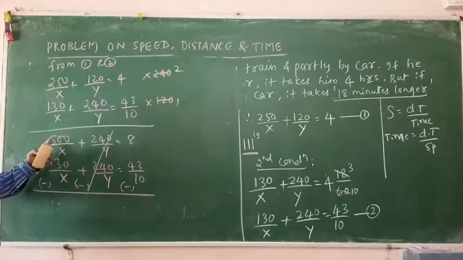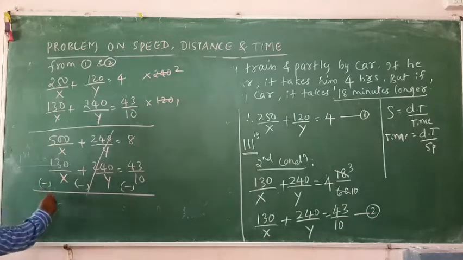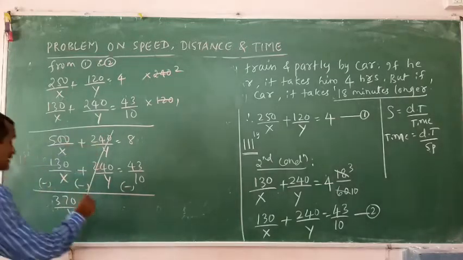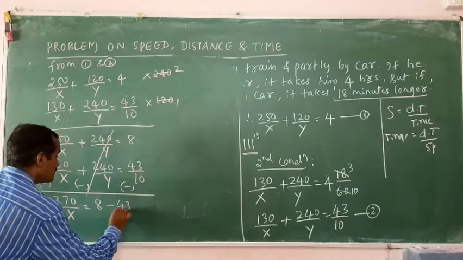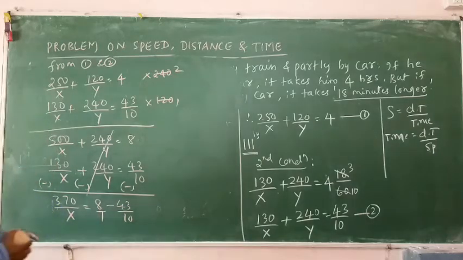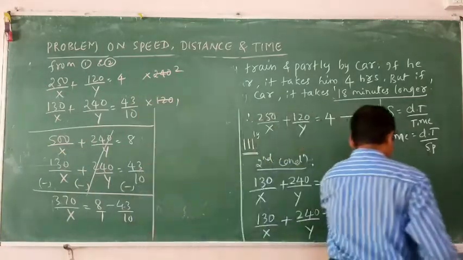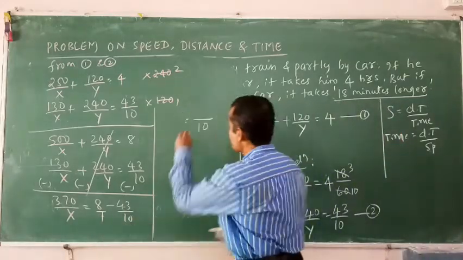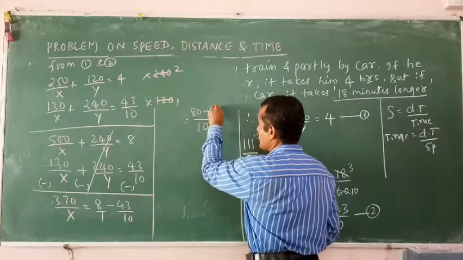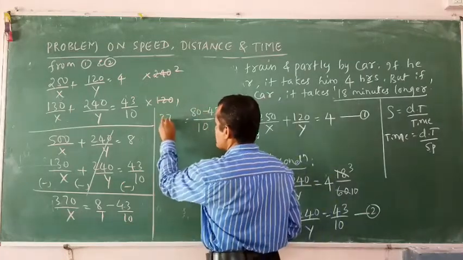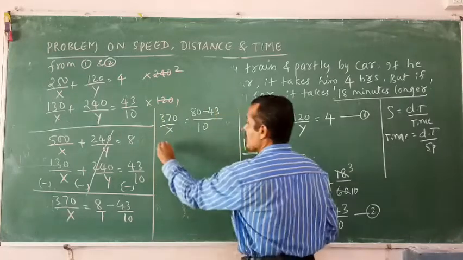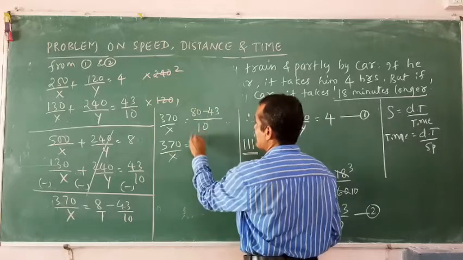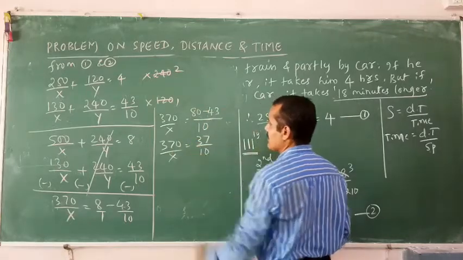500 minus 130 gives you 370. 370 by x is equal to, I will simplify this, 8 minus 43 by 10. LCM is 10. What happens? It is 80 minus 43, which on subtraction gives you 37 by 10. 370 by x is equal to 37 by 10.